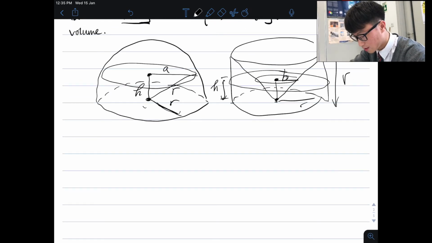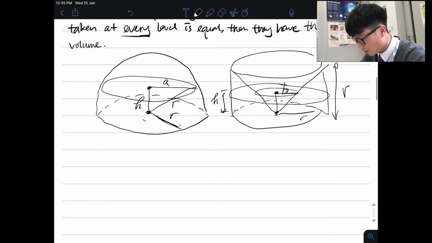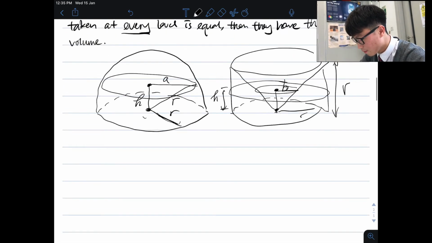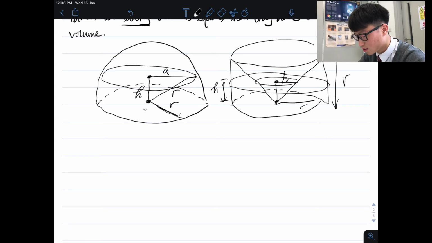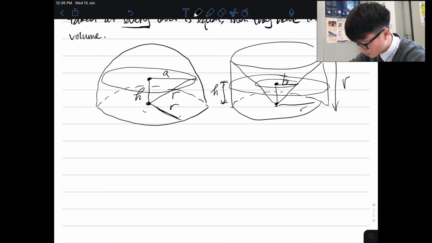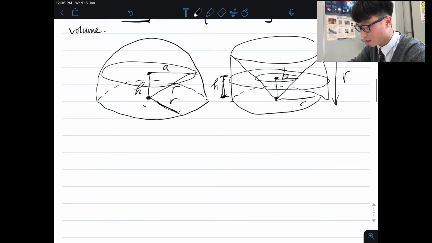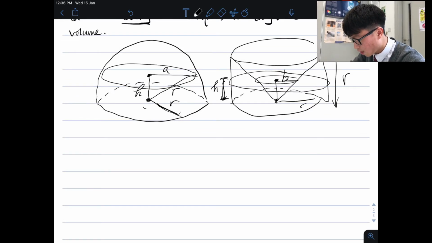Also the height is h, as we suppose, and it does not have a real value. The second diagram on the right is a cylinder with a cone inserted inside the cylinder, and the height of this part is also h, and the height of the cone is r.